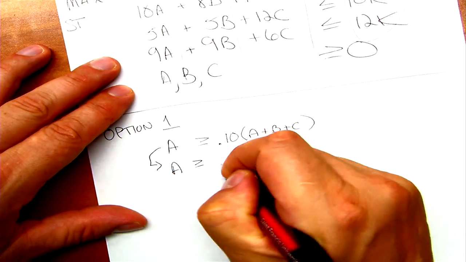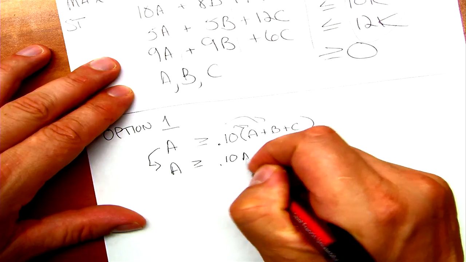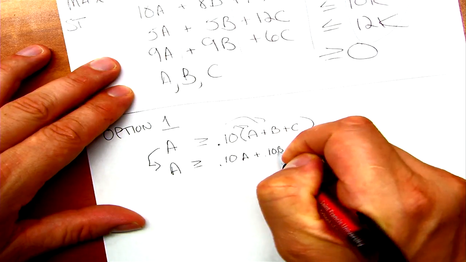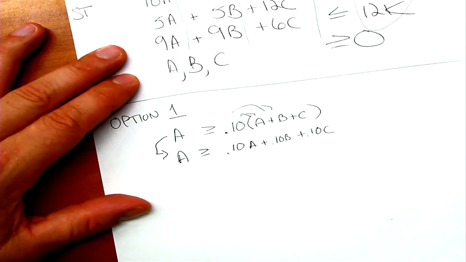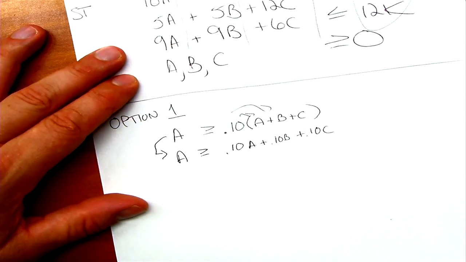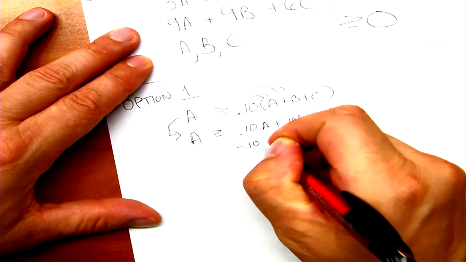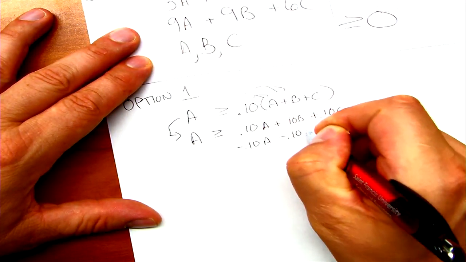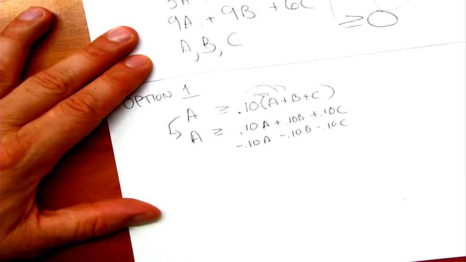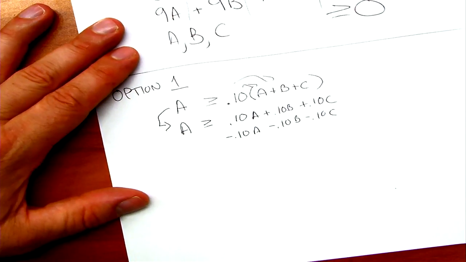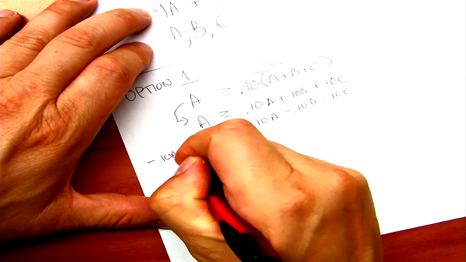I'm going to say A is greater than, well, let's apply that or distribute it: 10% A plus 10% B plus 10% C, right? I'm just distributing that 10%. And I want to get a coefficient on the right-hand side, so I'm going to subtract this from this side. And if I subtract that from this side, I also have to do what? Because it's an equation, I have to subtract it from this side.